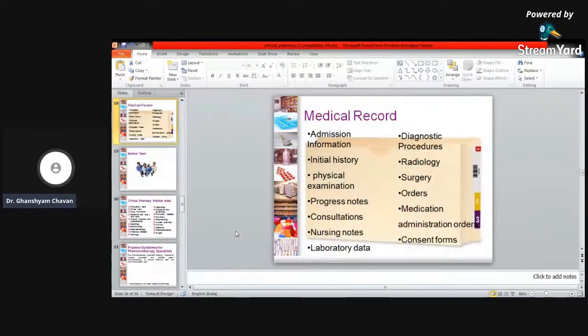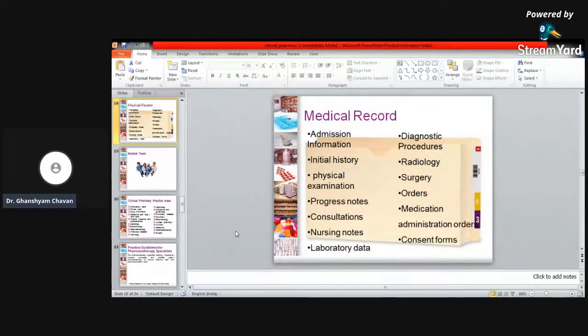This point, medical record. From where are we getting the medical information? In the admission information, once the patient has entered the enrollment of our program into a clinical trial, he gives information like age, sex, patient's name, his history, and initial history.